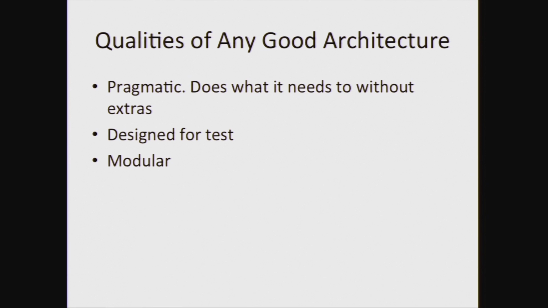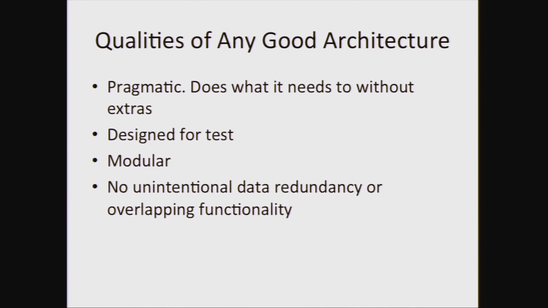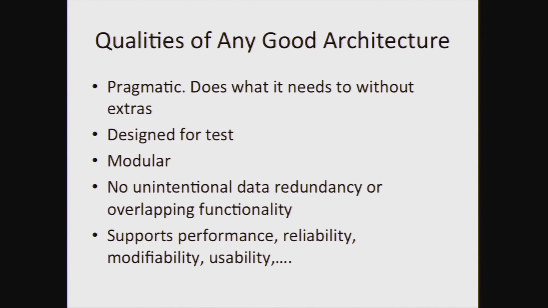I also think that it has some kind of organization and structure, and it doesn't have an unintentional redundancy or overlapping functionality. Now, if you're on a big, large project, what I don't mean is we refactor down and get everything so there isn't any overlapping functionality, but we do the best we can, because the more places and corners of a complex system there are that are redundant, the harder it is to know what's going on. And then it has to support these architectural goals that you have.